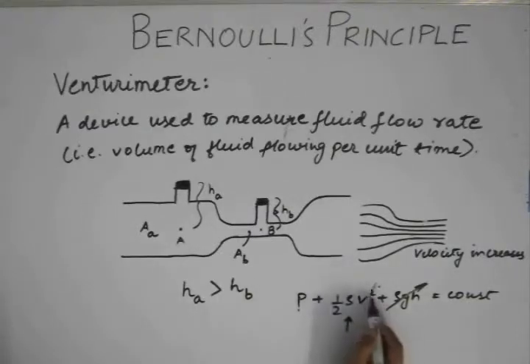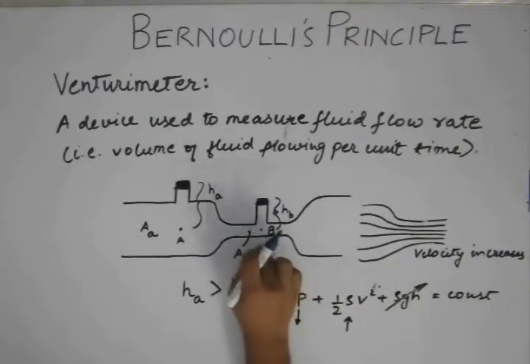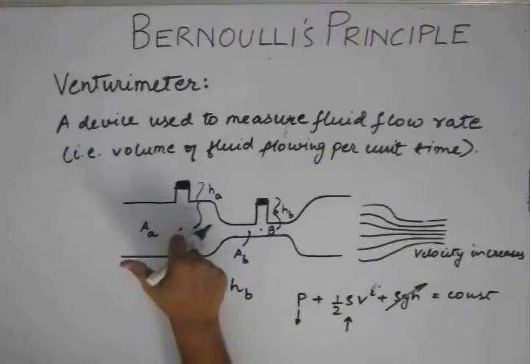If this quantity increases, to keep the entire thing constant, this quantity must decrease. So whenever the velocity increases, the pressure decreases and vice versa. That is, if pressure is higher here, the velocity will be lower.